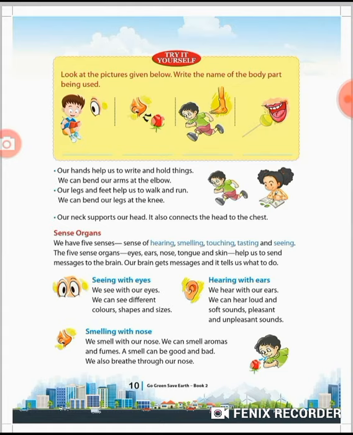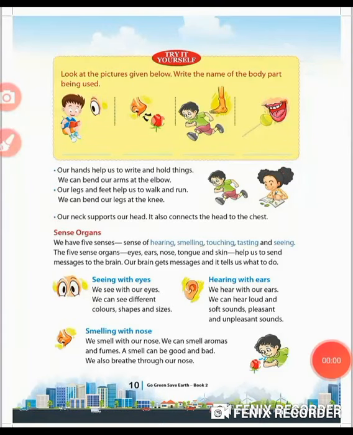Next is hearing with ears. We hear with our ears. We can hear loud and soft sounds, pleasant and unpleasant sounds. Yes, we have 2 ears. Children, you will be thinking now, what is this pleasant sound and unpleasant sound?